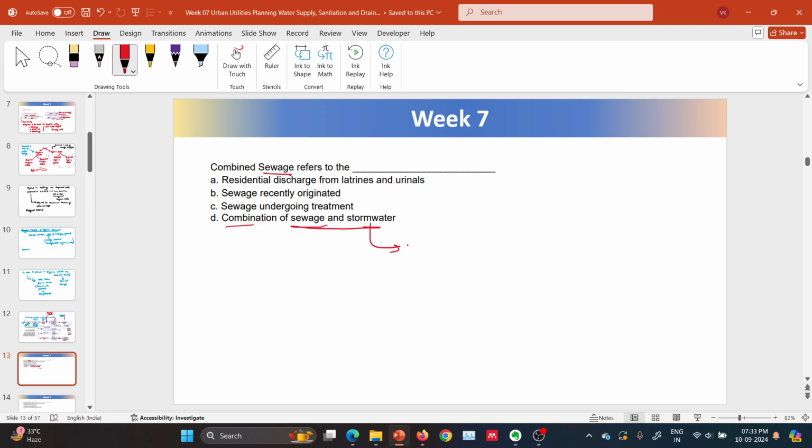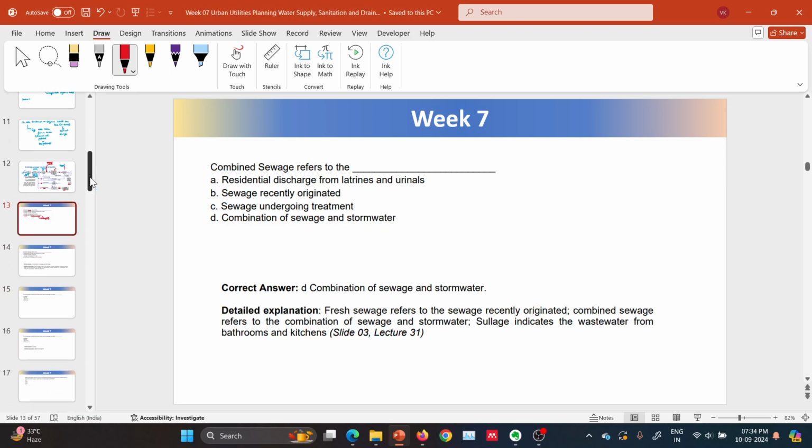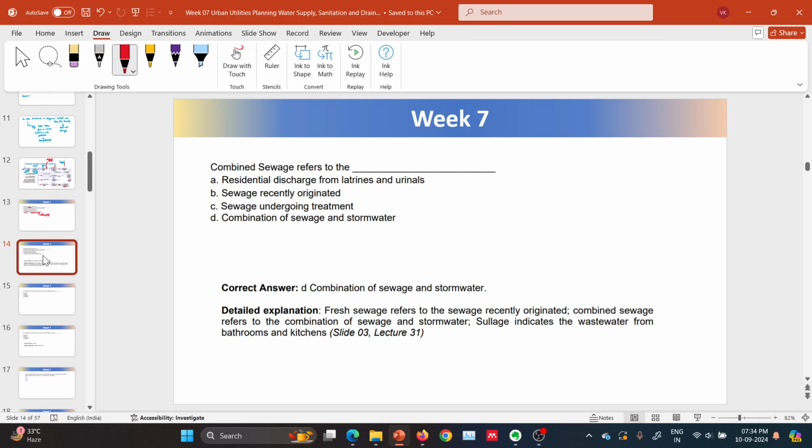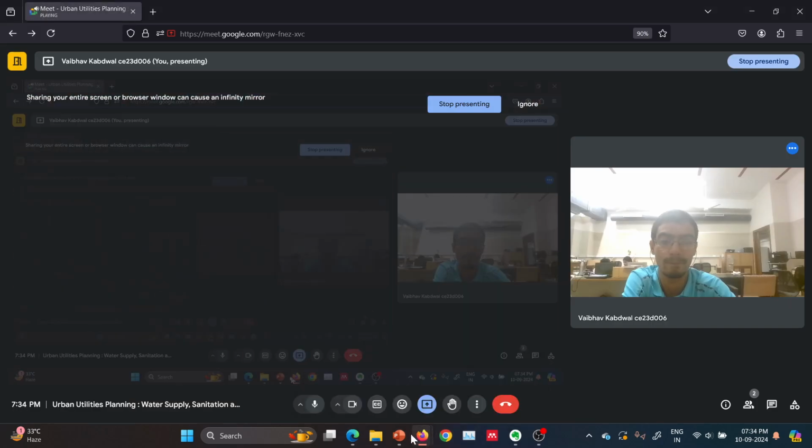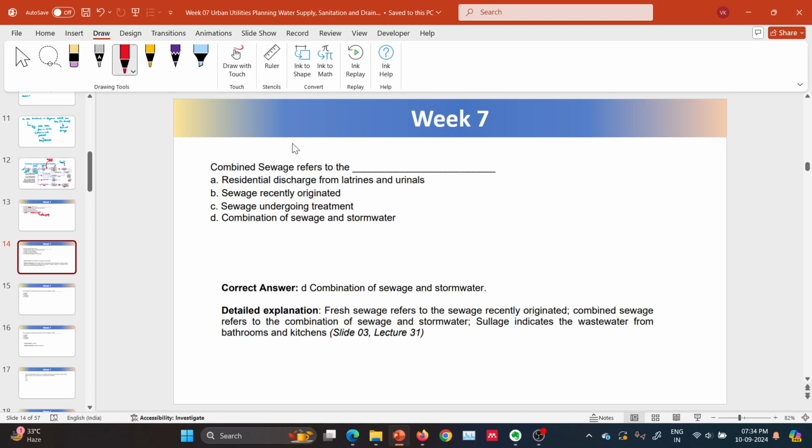Stormwater is nothing but rainwater from rainfall. Fresh sewage refers to sewage recently originated. Combined sewage refers to the combination of sewage and stormwater.